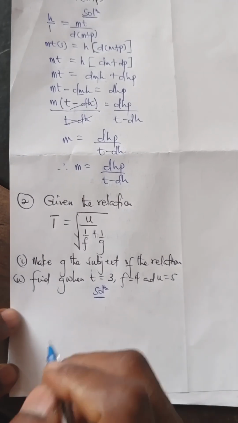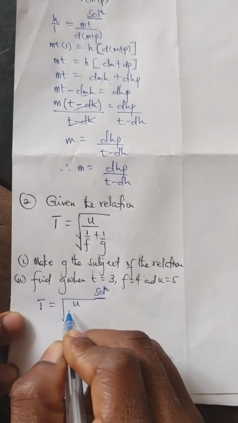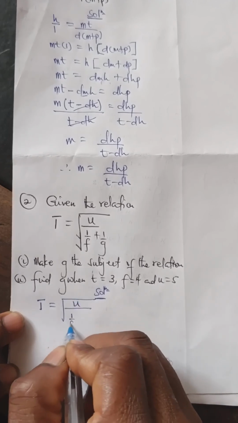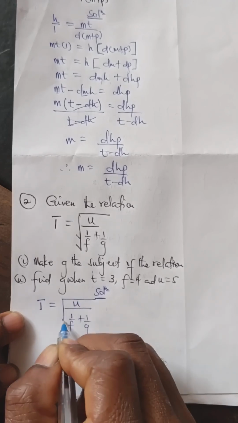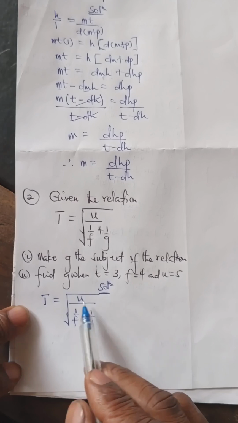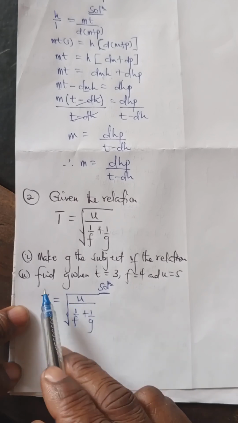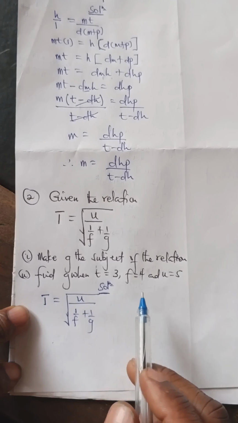We begin with T equal to the square root of U over 1 over F plus 1 over G. Because we want to make G the subject and it is under a square root, we have to square both sides so that the square root is taken away.